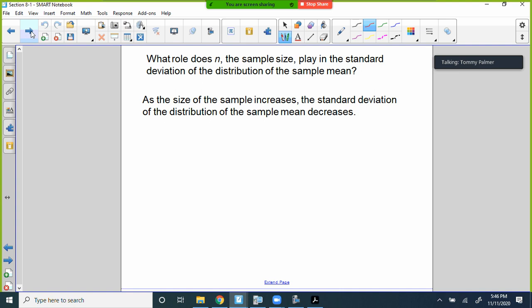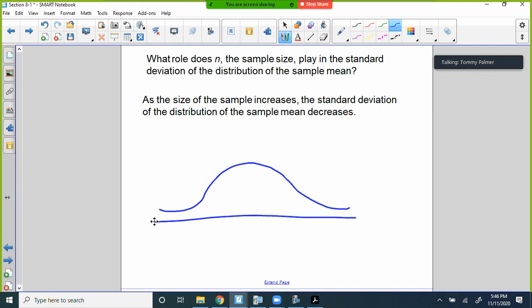So as the size of the sample increases, the standard deviation of the distribution of the sample mean decreases, right? So what does it really look like? So if we take something like this, right, here, and that's the population, we're going to be looking at something like this, okay? Do you see how the data is more grouped in the green compared to the blue?